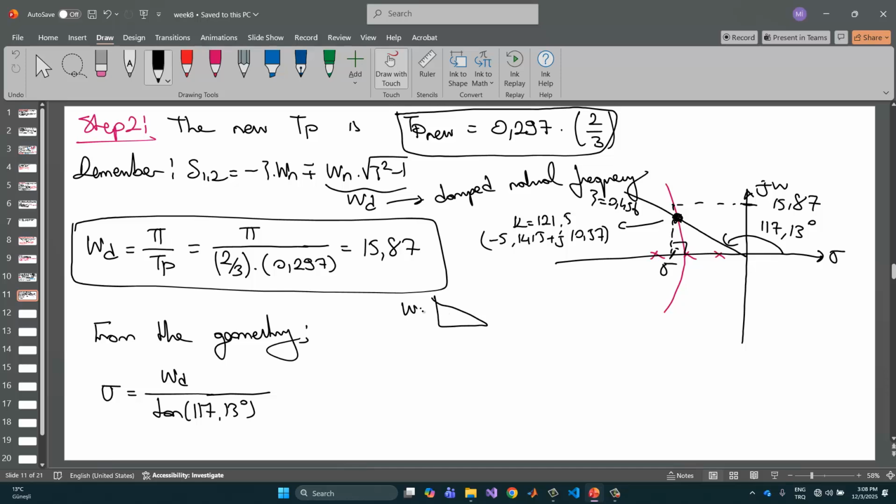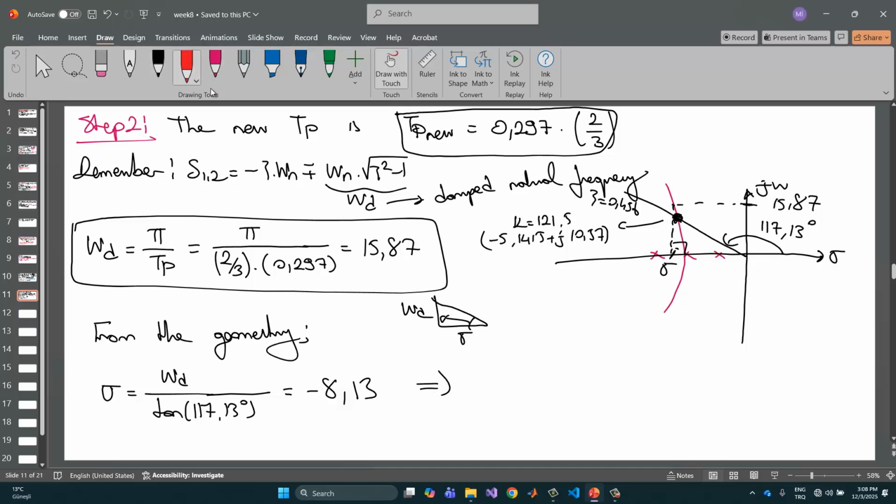Simple geometry: this is the Wd, this is the sigma. The tangent must give us this, right? And we also know the angle of the distance. Then this sigma is equal to minus 8.13.